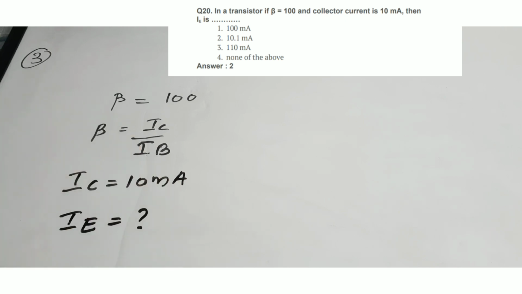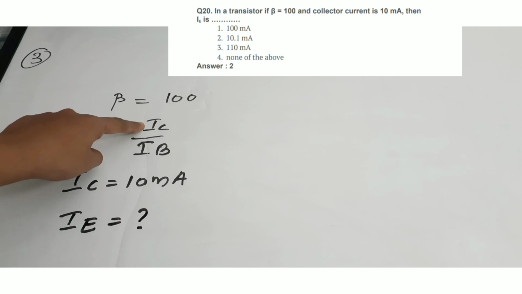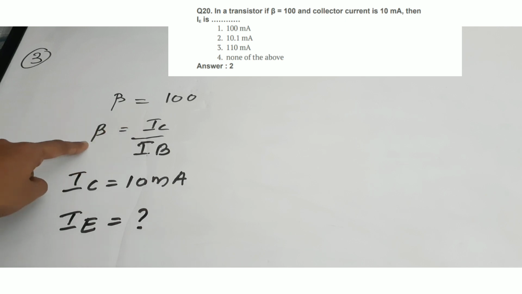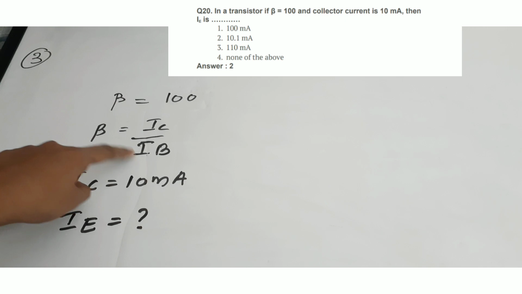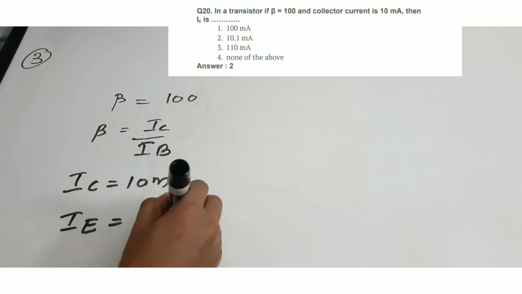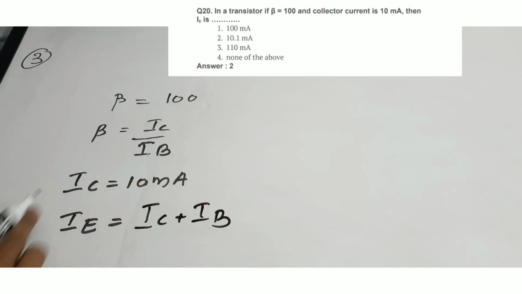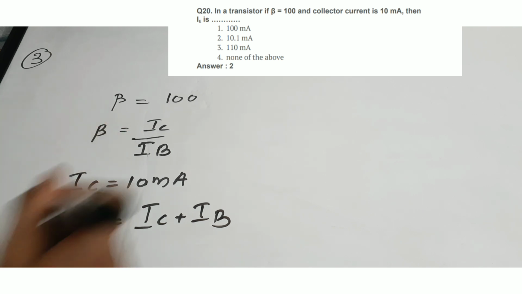Now, from this expression, if you substitute IC here, because beta is also given, we can find IB. And again by the expression for IE, which is equal to IC plus IB, we can find the value of total emitter current also. So that is how you have to proceed with this question. First, I am going to find the value of IB.